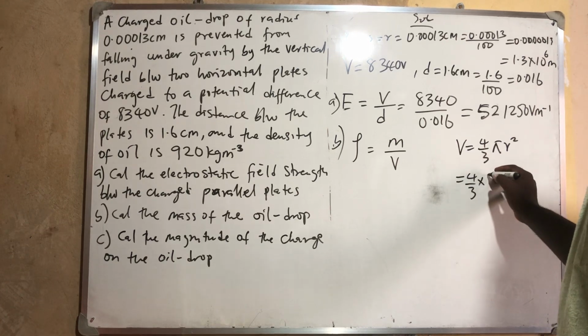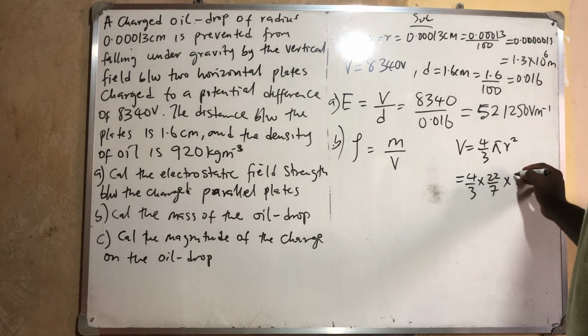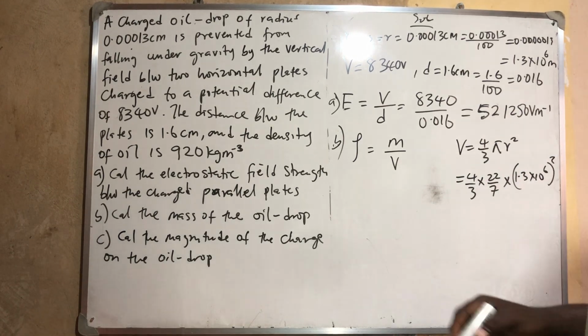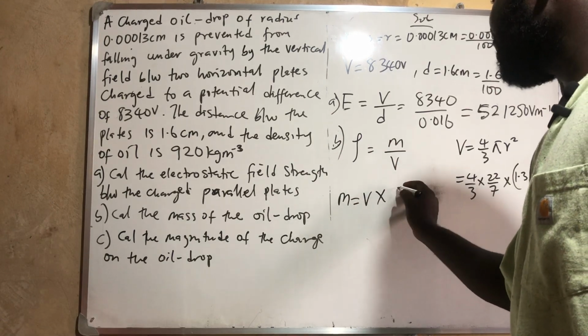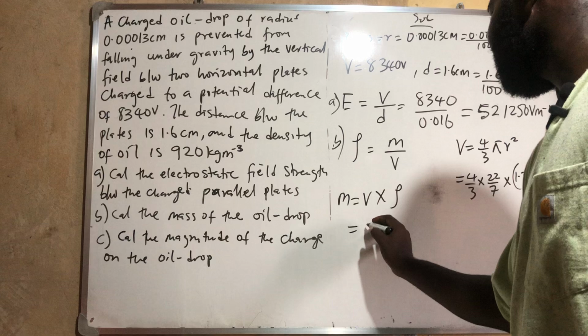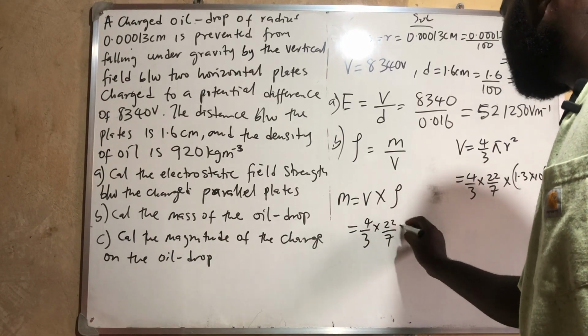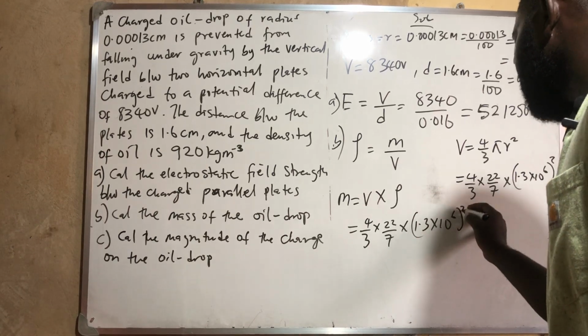4/3 times 22/7 times my r, which is 1.3 times 10 raised to power 6, all squared. So to calculate the mass now is V times your density. What is my V? 4/3 times 22/7 times 1.3 times 10 raised to power 6, all squared.